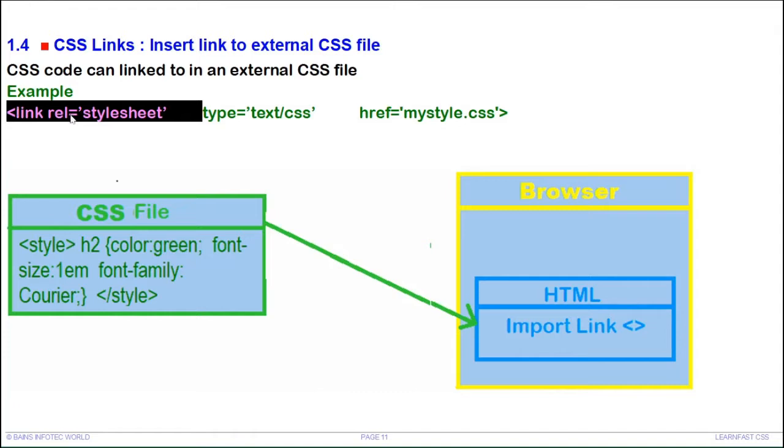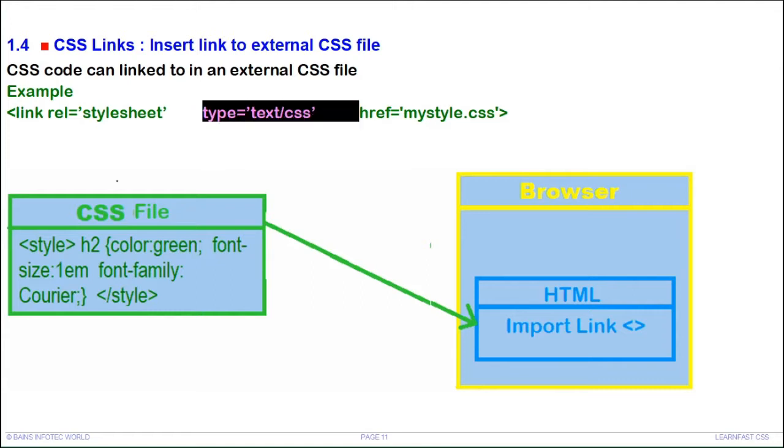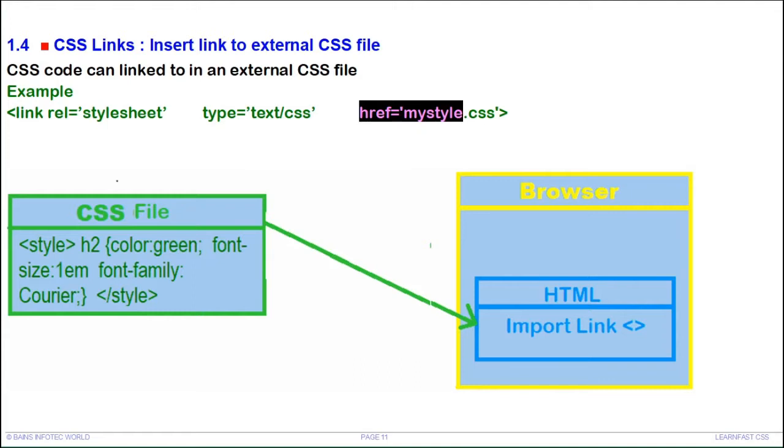So we say link, relationship is a style sheet, so it's saying insert the link, the relationship is that it's a style sheet, and the type of contents of this style sheet are going to be text/css, and the hyperlink reference is located in mystyle.css. So that will look for mystyle.css in the same folder as your HTML document, and it will load up the style definitions.